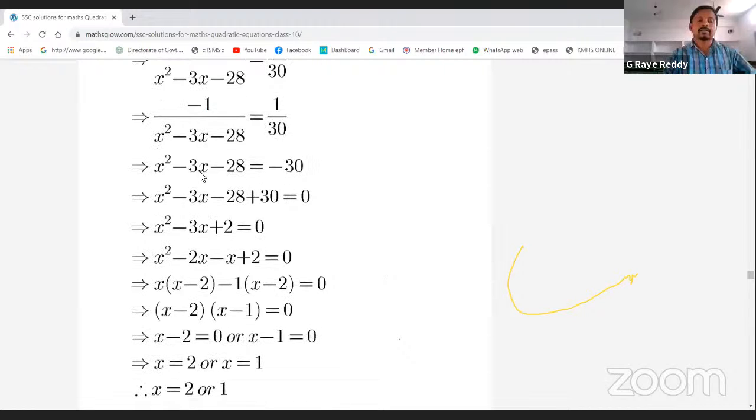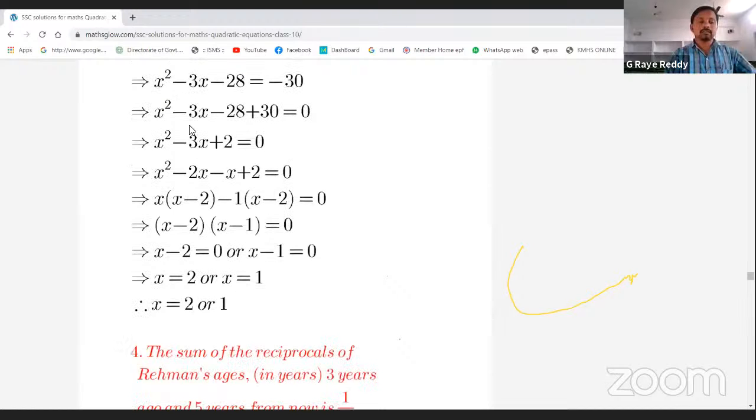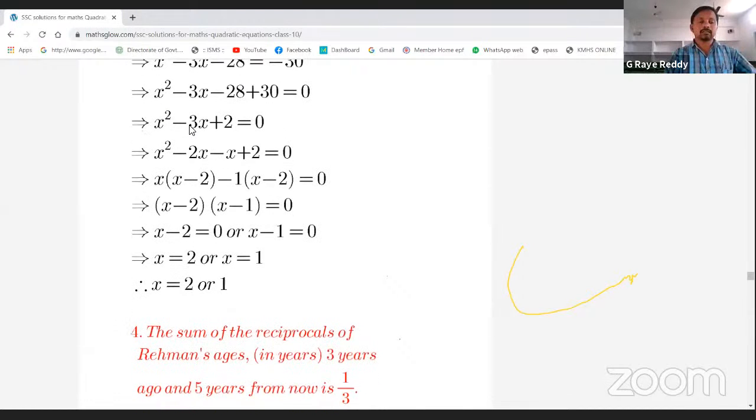By cross multiplication, x square minus 3x minus 28 equal to minus 30. So minus 30 is in RHS. Transpose to LHS, we get x square minus 3x plus 2 equal to 0. Then minus 3x is the middle term. By expanding the middle term into factors form, we get x square minus 2x minus x plus 2 equal to 0. x is common in the first two terms, minus 1 is common in the next two terms. x minus 2 is the first factor, x minus 1 is the second factor.